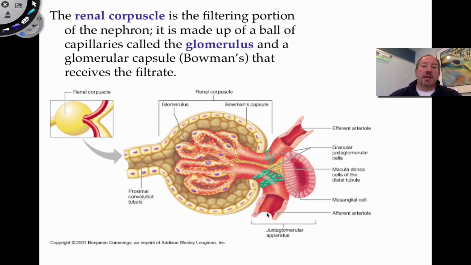I won't get into that now, but juxtaglomerular means sort of juxtaposed to where the glomerulus is. So the blood's coming in, and it's under high pressure. It's under so much pressure that, if you're familiar with the anatomy of a capillary, it's very thin.